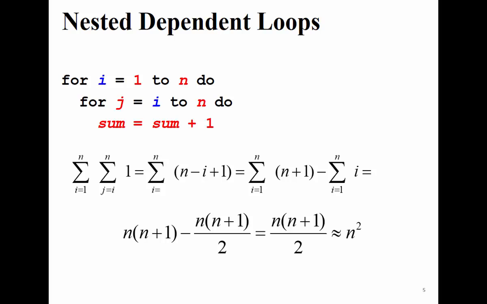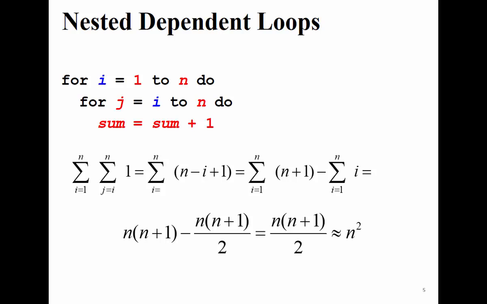Now, you see that the argument inside the summation is independent of the index, so we can take the upper limit minus the lower limit, so n minus i plus 1. Now we can expand the summation to distribute it over the n plus 1 and minus i. Now again, you can see this quantity.